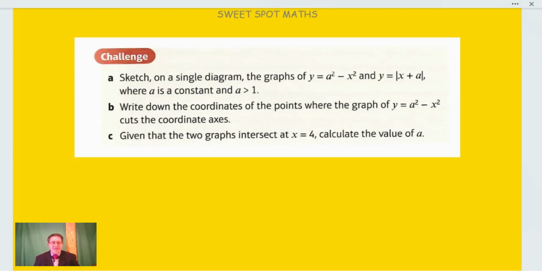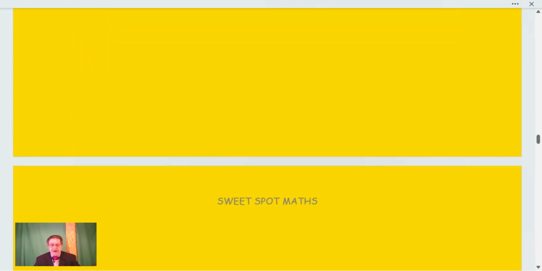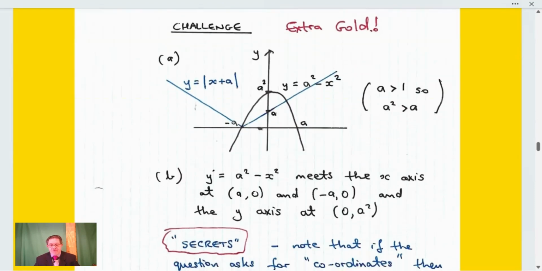So in this question, we're asked first to sketch on a single diagram the graphs of y equals a squared take x squared and y equals mod of x plus a. And we're told that a is a constant bigger than 1. So here we are. I've drawn the graph of y equals a squared take x squared. It cuts the x-axis at minus a and a, the y-axis at a squared, and has the characteristic parabolic shape.